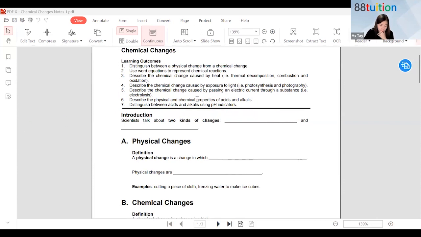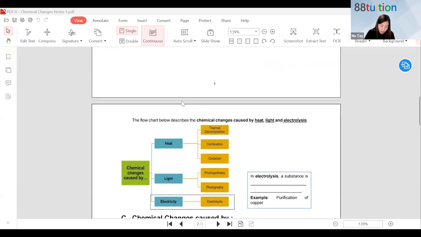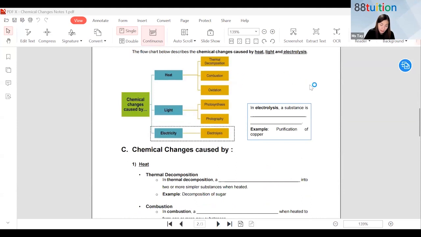All right. So chemical changes, look at all the things that you need to know. These are the learning outcomes. So I put it down for you. I actually break up the whole note into different parts. So we have just covered this particular part here, which is the physical changes, right? And then chemical changes, then followed by the chemical changes caused by heat, light, and electrolysis. Yep.